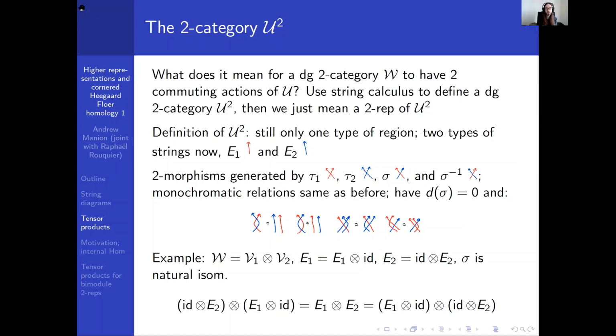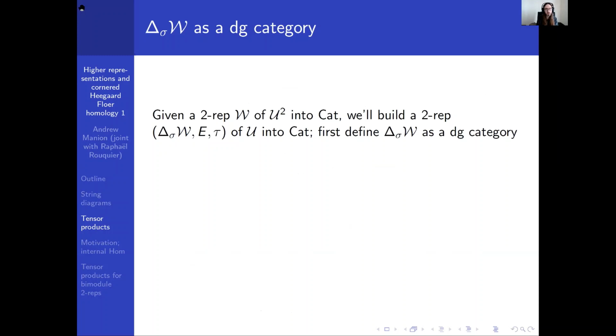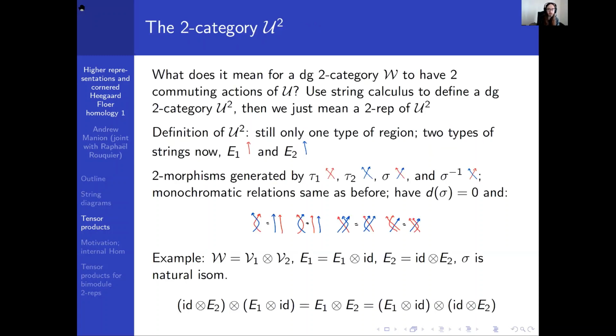The upshot is that if I'm given two representations of U into Cat, then I can build this data, this two action of U squared on the tensor product V1 tensor V2. Okay, and now from this data, now I'm going to assume that I didn't necessarily come from a tensor product case. Now I'm going to assume I just have a two action of U squared on something into Cat.